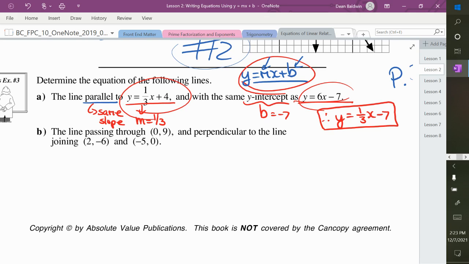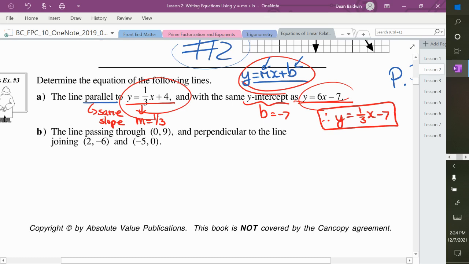But we can increase the difficulty of this. So, a line passing through the point 0, 9. If you see a point, is this 0, x, or y? X, right? Because you always write the x value first.